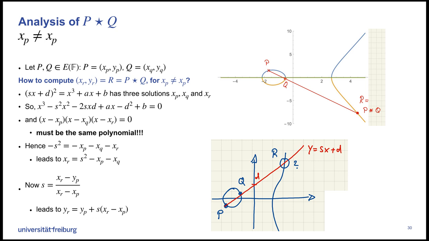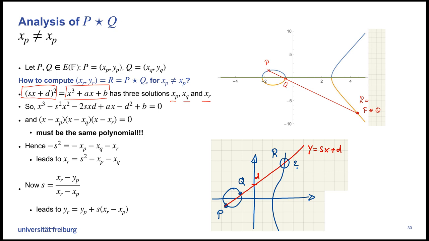On the left side, we now have a polynomial of degree 2. And on the right side, we have a polynomial of degree 3. And we know that every cubic formula has 3 solutions, xp, xq, and xr.